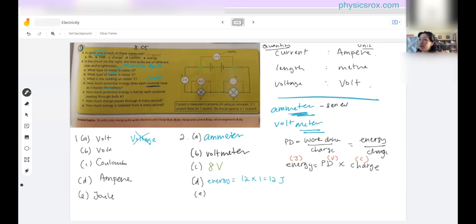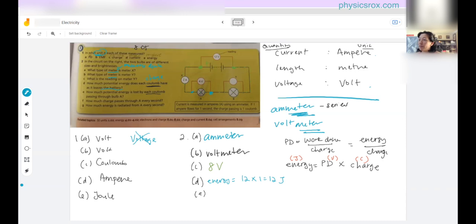E, how much potential energy is lost by each coulomb passing through the bulb? So you see, passing through this bulb, this part, this bulb is how much? 4 volts. It's lost. That means it's the work done, no? That means it's carrying 12 joule. Then you go finish, it will lose some energy.